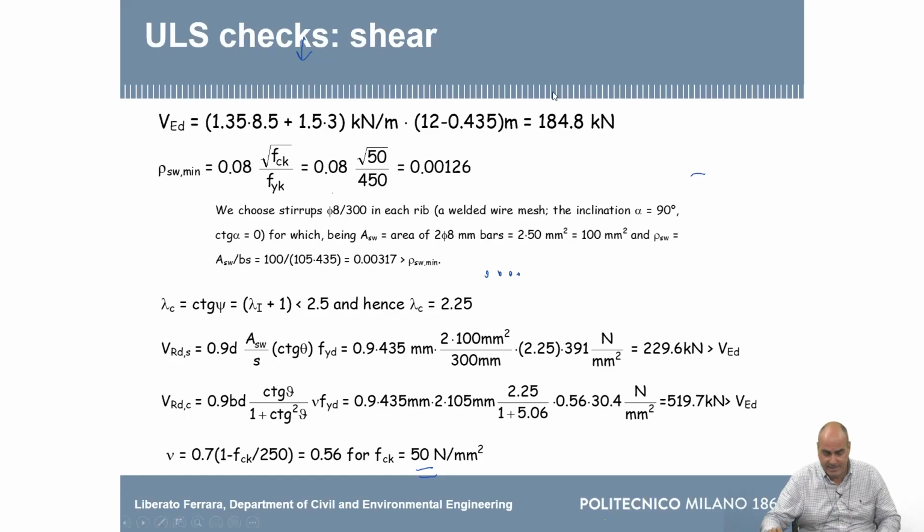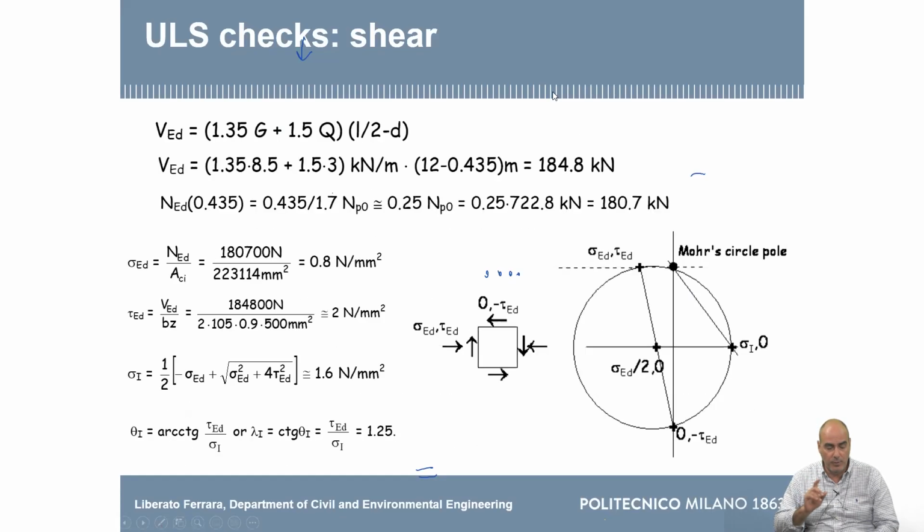But in pre-stressed concrete, we can calculate the angle in this way. First of all, where do we calculate the shear force? The shear force is maximum at the support, and it's equal to the total load times L half. But why do I put here L half minus D?